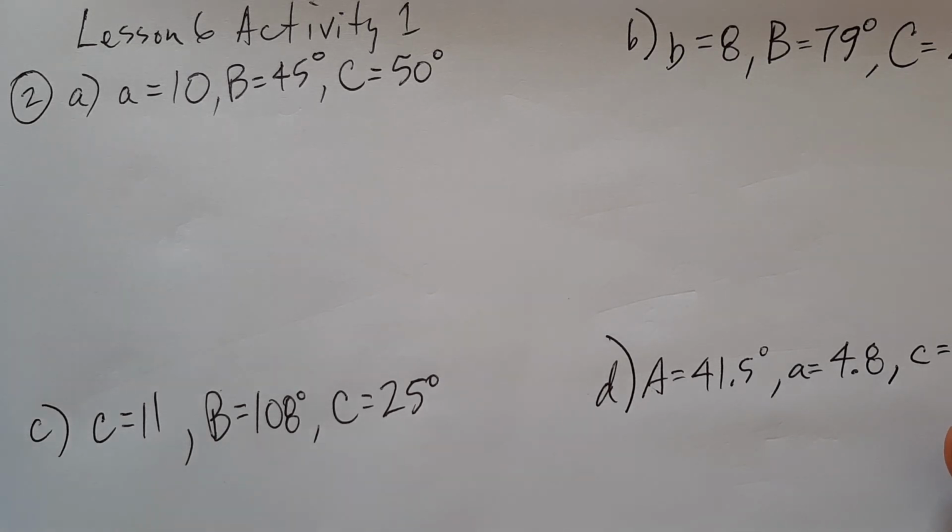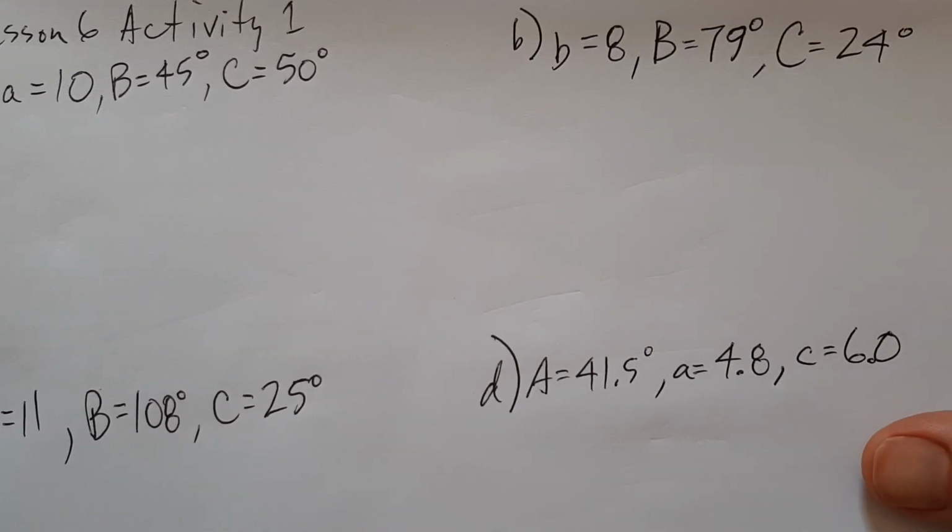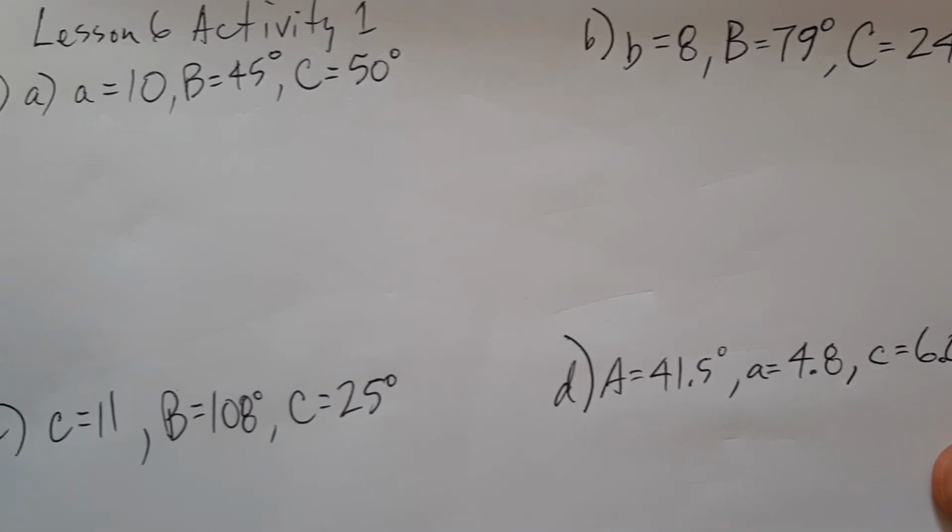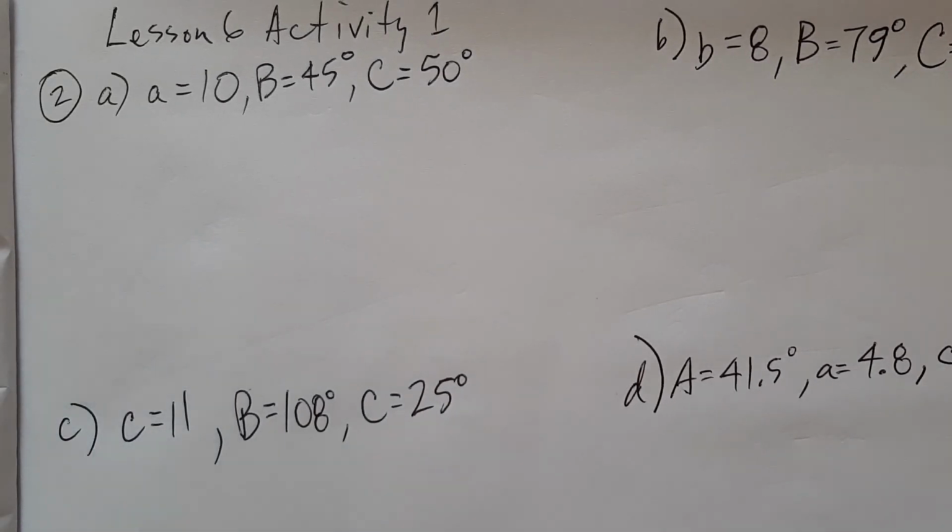But draw the triangle each time and solve. Like in the first one, I'm sure it's wanting you to solve for side little b, right? You could solve for everything in that triangle easily, so you probably should solve for all the missing sides and angles in each one of these.